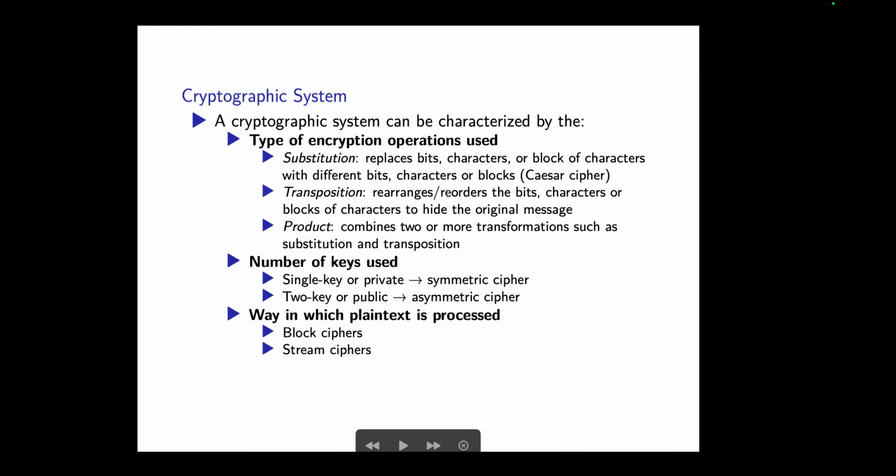So I produce a kind of stream of output. As I read it, I encrypt byte-size pieces and produce a byte outcome. So this one is similar, but you're operating on the stream instead of on blocks.